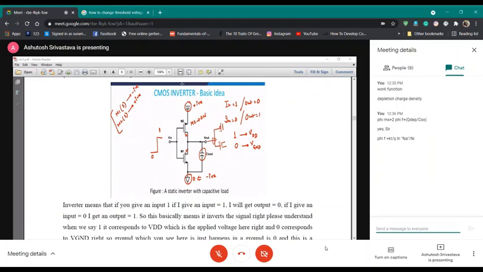So if it is milliampere, then the subthreshold current, flowing below the threshold voltage, would be in nanoamperes. So it is very, very low.